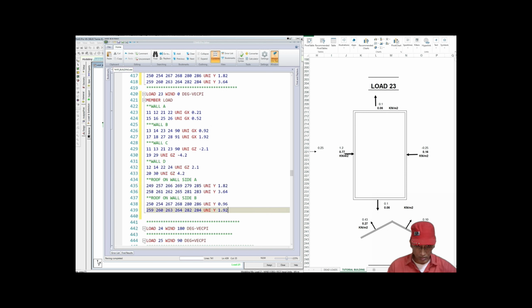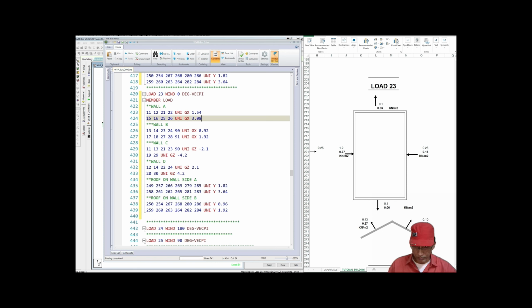So for the corner column, 0.77 into tributary width 2 meter is equal to 1.54 in positive x direction. Then for intermediate column, 4 meter tributary width into 0.77 is 3.08.